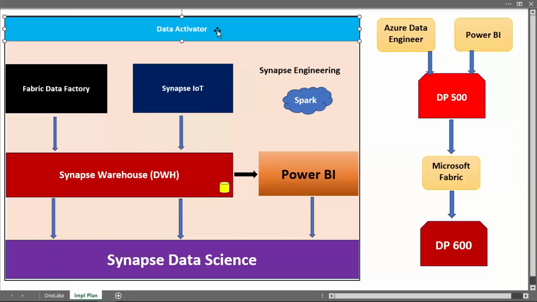Data Activator is a common component we are going to use in our classes. What is the main purpose of Data Activator? Very simple and straight: it is a no-code automation and monitoring technique, for monitoring, automation, and streaming activities.